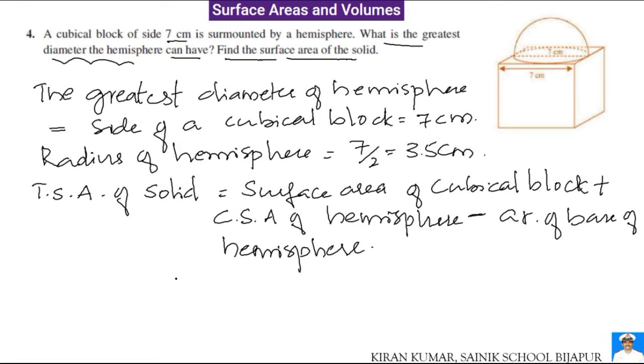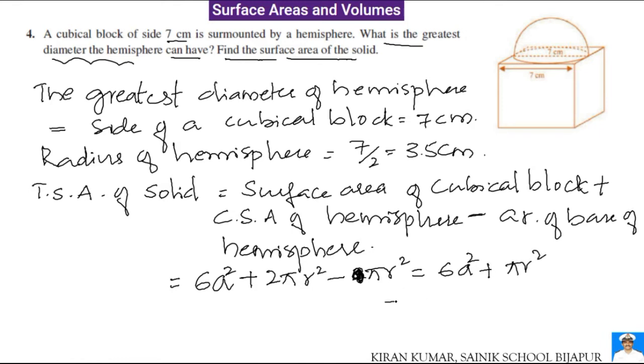Therefore, we have 6a square plus 2 pi r square minus 2 pi r square. Sorry, this is minus pi r square, not 2 pi r square. Pi r square basically because it's the area of circle. The base of the hemisphere is a circle. So it is nothing but 6a square plus pi r square.